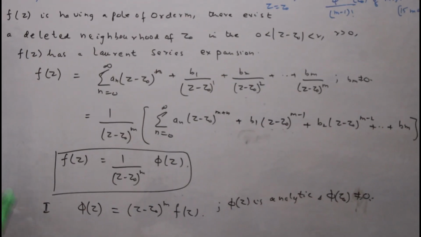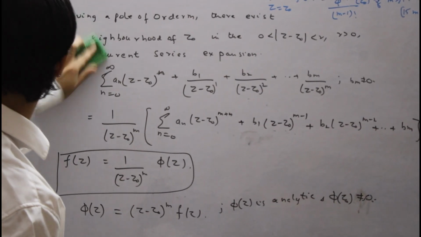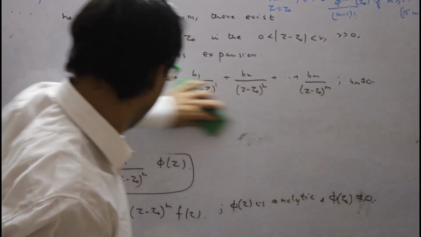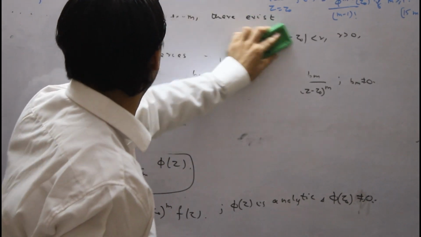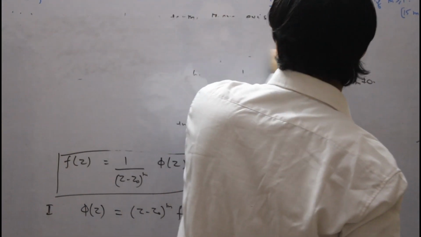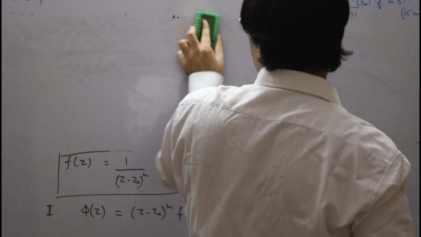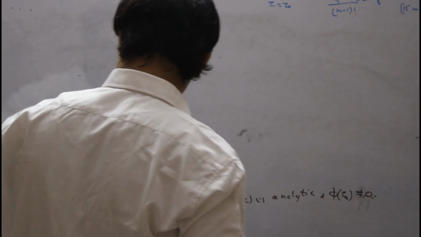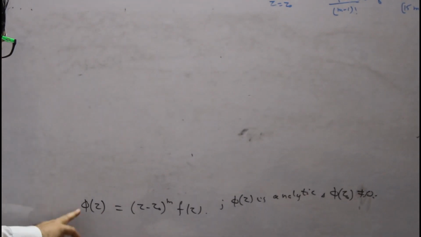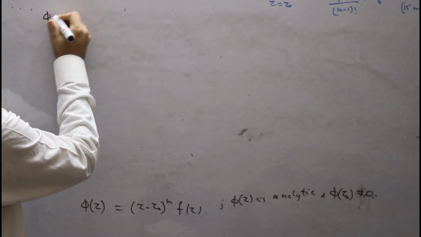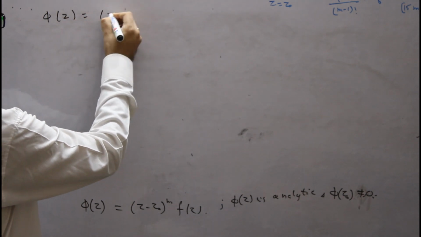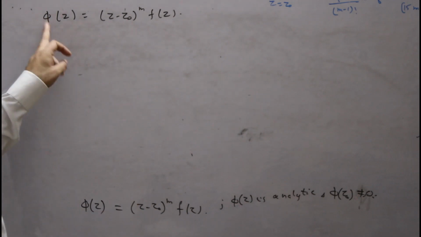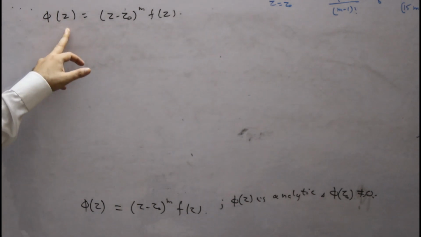So I am going to erase some of the portions over here, and copy it over here: phi(z) = (z - z0)^m f(z). Now I am going to use the Taylor series to expand phi(z) at z0.